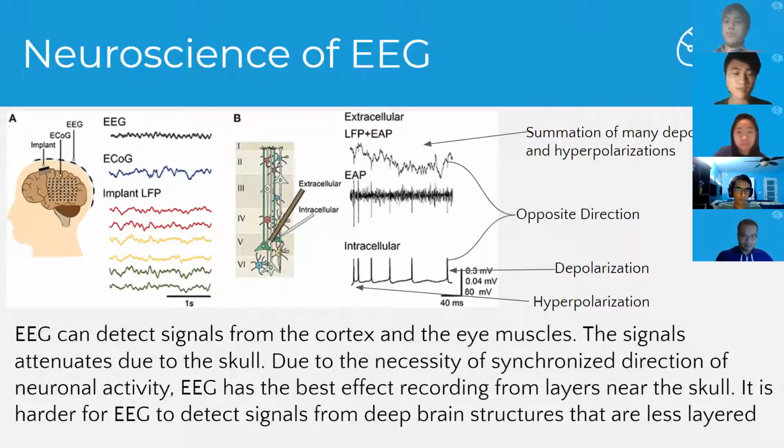This actually makes sense because when a neuron fires, ions flow through the membrane. And if ions are flowing into the cell, then the same ions are flowing out of the extracellular space. So you can see that the voltages are in the opposite direction.